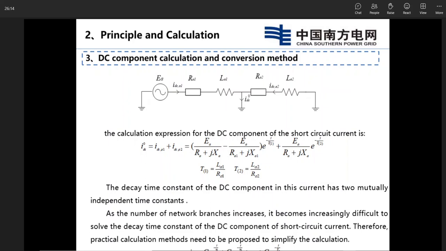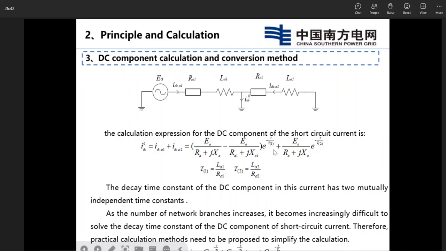Next, how do we calculate the decay time constant? If I want to write the equation of this circuit, this is the fault location, and it has two branches. So the fault current comes from two branches.